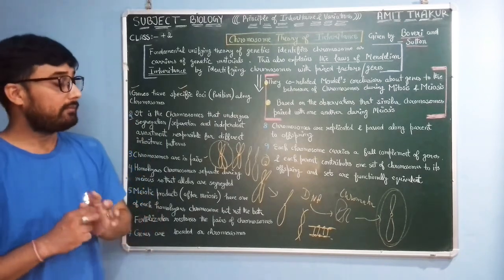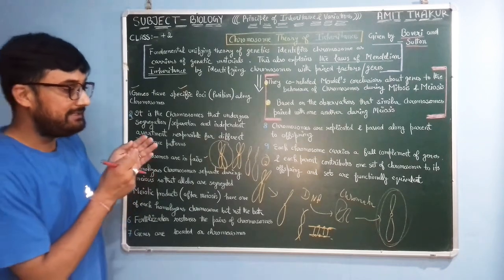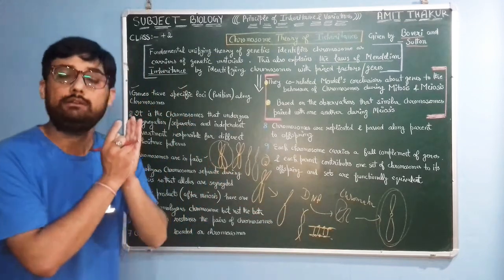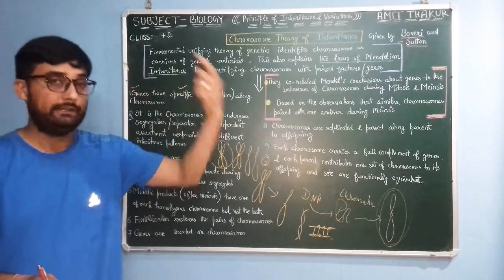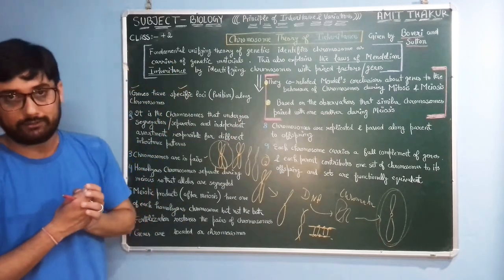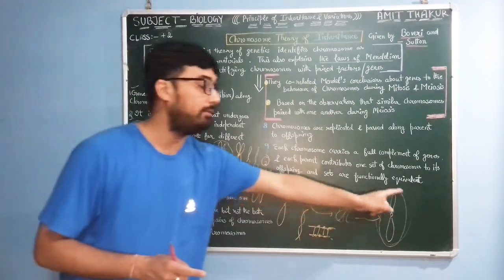What I'm trying to say is that genes cannot transfer directly from one generation to another; they need a medium or carrier. So what is that carrier? That carrier is nothing but the chromosomes.